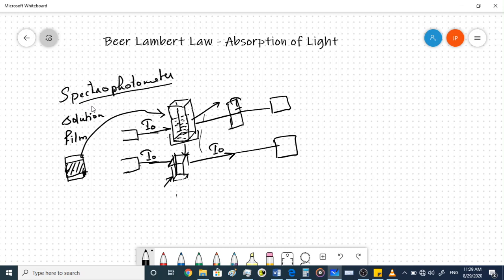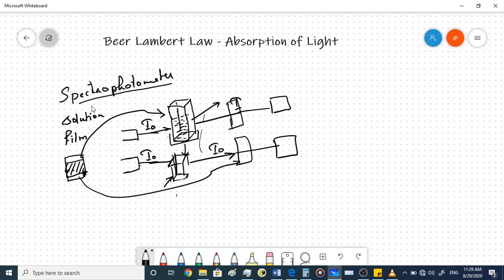You can put the film onto this spectrophotometer, and put a similar glass over here so that the baseline correction is done. Baseline correction means that whatever the glass absorbs, you have to consider that also when finding the exact absorption of your material.